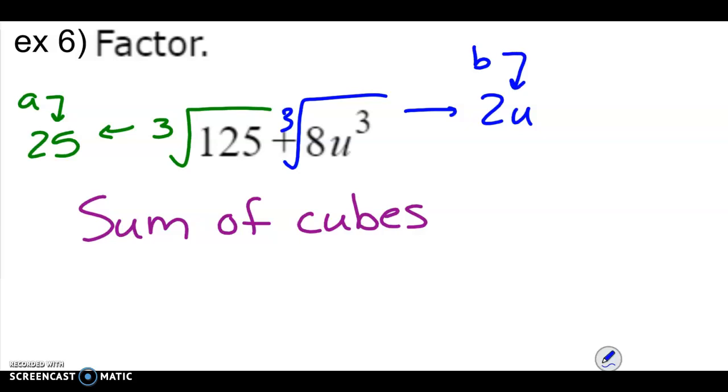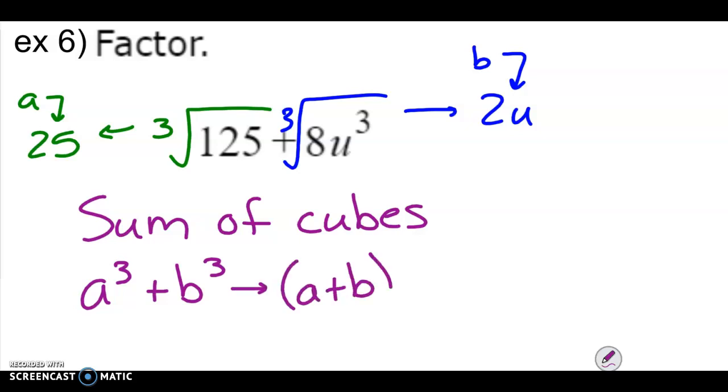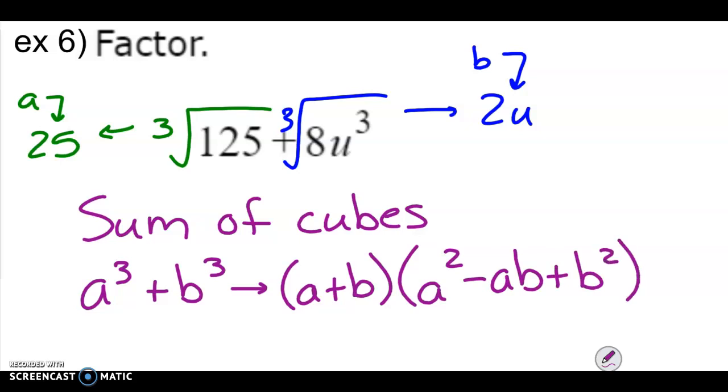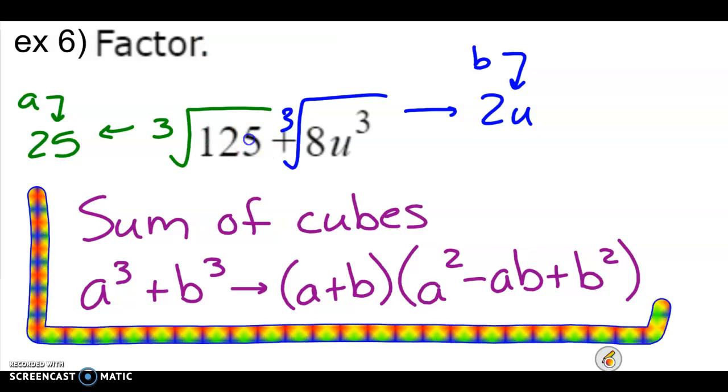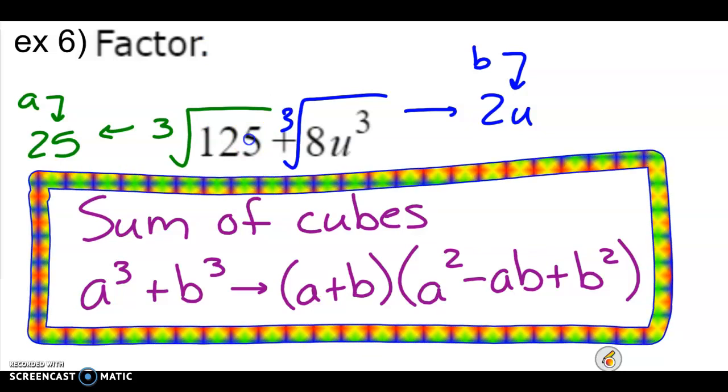So when we've got the shortcut for the sum of cubes, we'll write that one down. A cubed plus B cubed. You're going to end up with A plus B again. And then the only difference is you've got A squared minus AB plus B squared. So that is your shortcut for the sum of cubes.